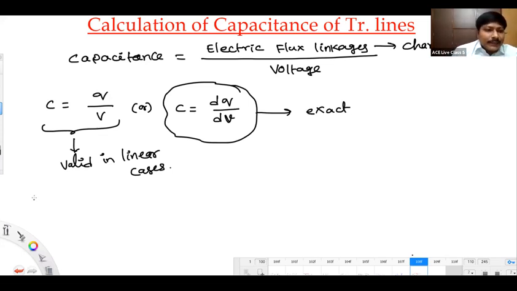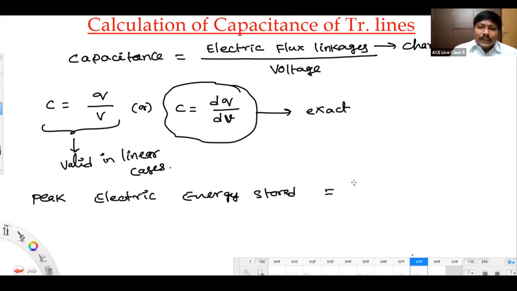So the peak electric energy stored in the capacitor or in the transmission line is half C Vm square, which will be in terms of joules.